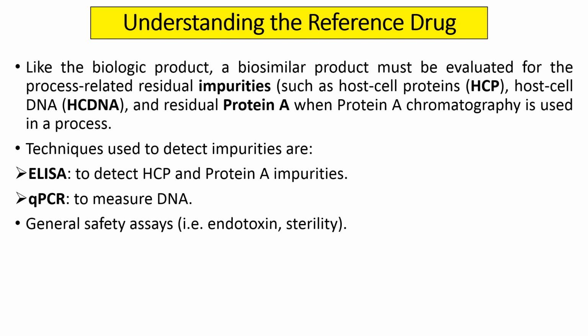Protein A is usually a 56 kilodalton surface protein of Staphylococcus aureus, and protein A chromatography is well known because it is a very robust purification procedure, and it is used as a capture step due to its specificity.